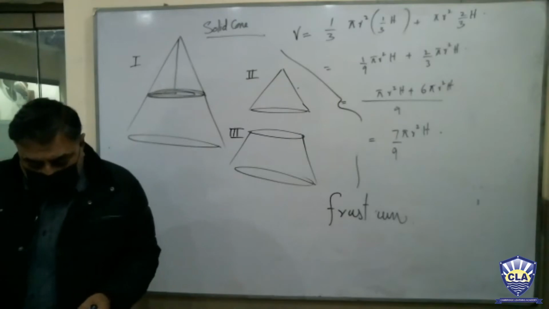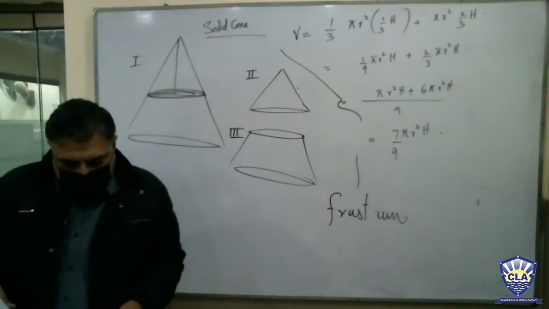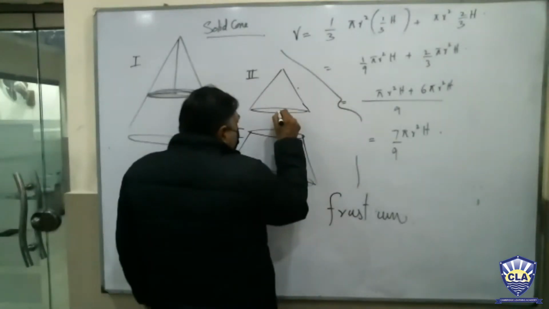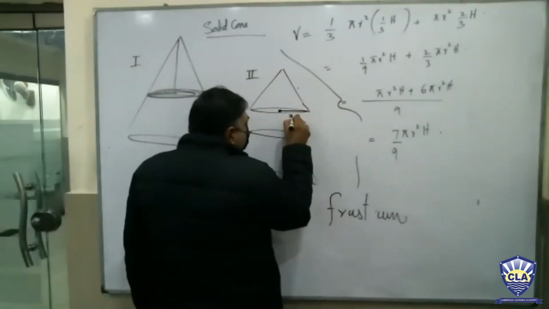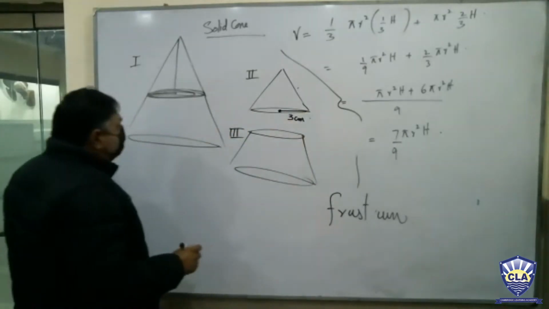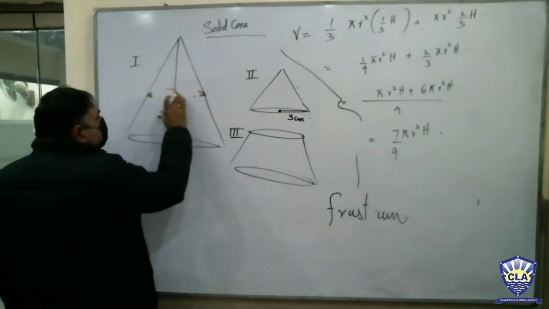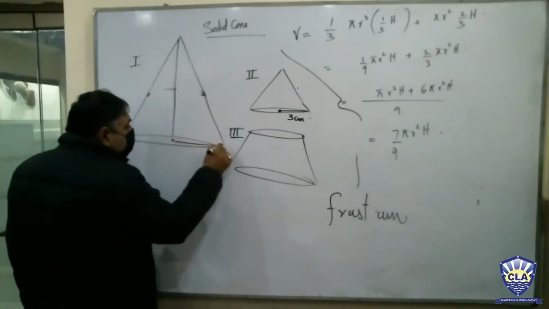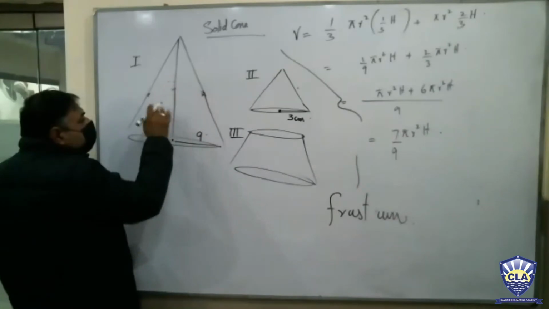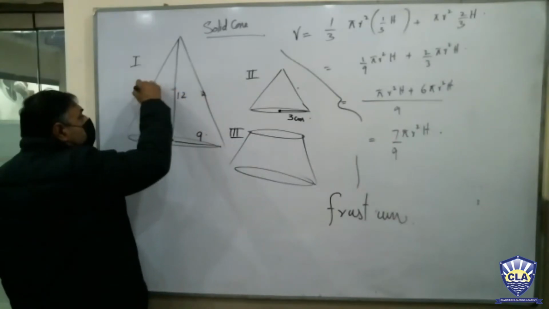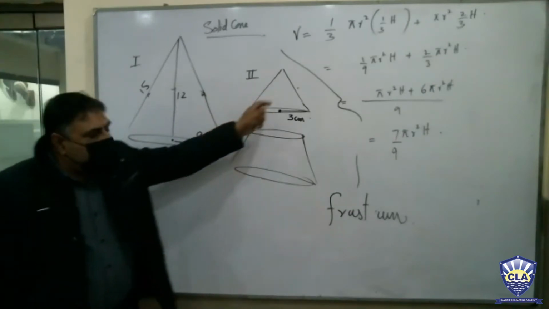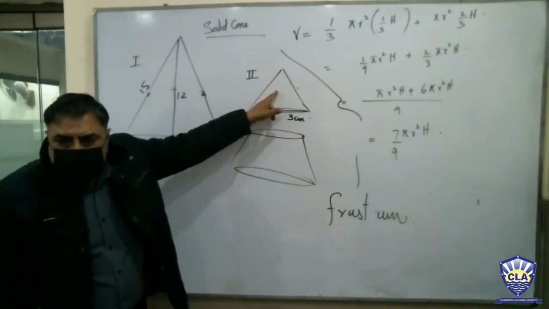The radius of the smaller cone is 3 centimeter. And what is the radius of the larger cone in diagram 1? It is 9. What is the height? 12 and 15. So we can find the volume of the smaller cone.